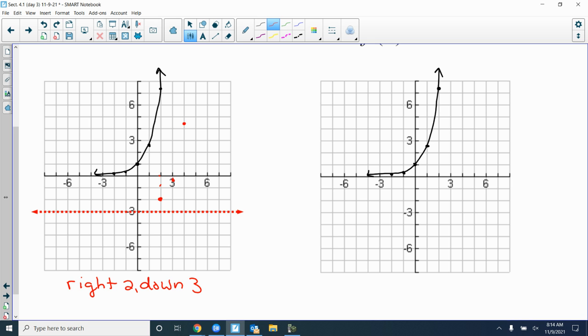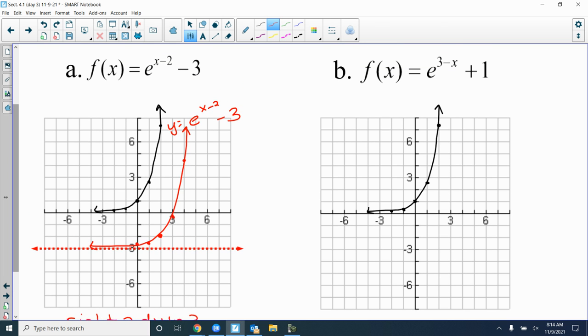That'll be at a nice spot because it was at 0, 1. Then right 2, down 3. So there's my graph. That is y equals e to the x -2 -3. I'm just using my transformation: right 2, down 3.